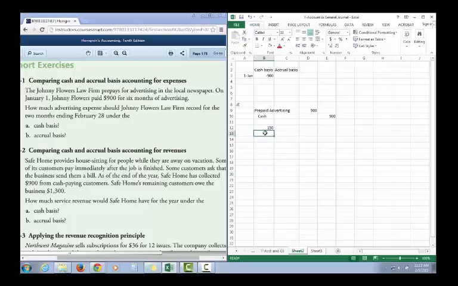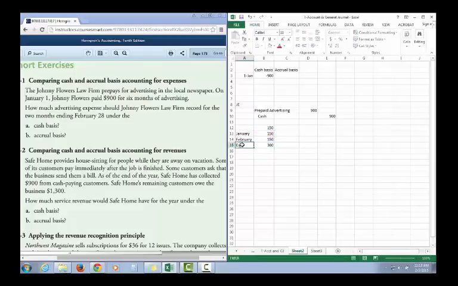So we paid it on January 1, so we've got January and February go by. January we're going to use 150, February we're going to use 150, and that means we're going to have a total for January and February of $300 worth of expenses, okay?